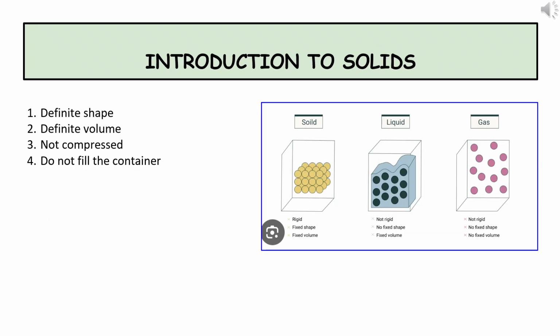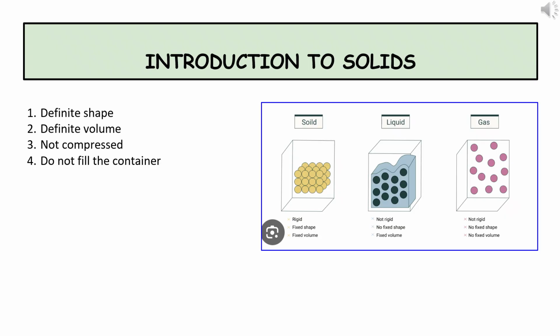Okay, so let's start with solids. Basically, what are solids? Solids are things that have a definite shape, a definite volume, and cannot be compressed. They do not fill the container.